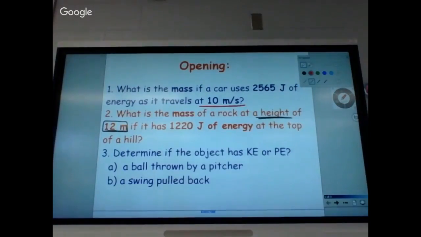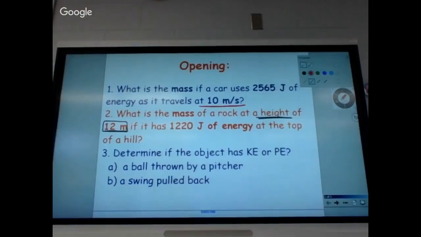All right? An arrow flying across a field at a deer. That's kinetic. Because the arrow is doing what? It's moving. A hammer pulled back to strike a nail. That's potential. If you've got a hammer you're able to strike with, that has potential. Shooting a spitball across a room at a friend. Raising a flag on a flagpole. You're raising the flag. That's kinetic. A flag flying at full staff. That's potential.